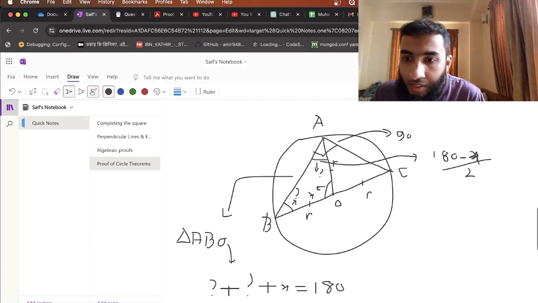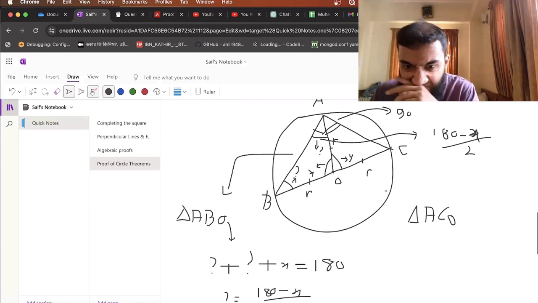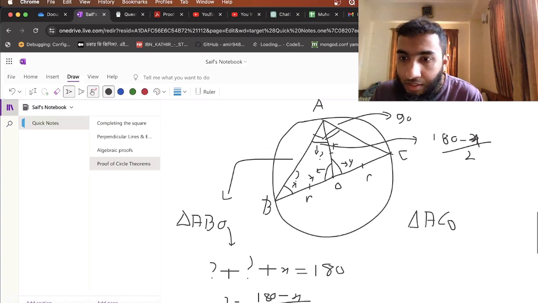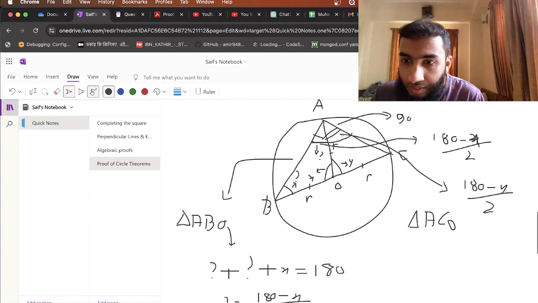So similarly, in the context of triangle ACO, this triangle, this angle, if we assume that this angle is Y, then if we use the same formula, we get this angle as what? 180 minus y by 2. So what is the full angle? This angle is 180 minus x by 2 and this angle is 180 minus y by 2.